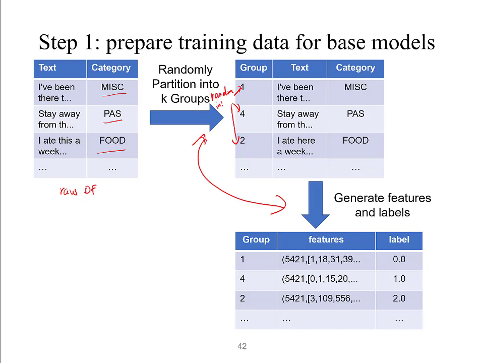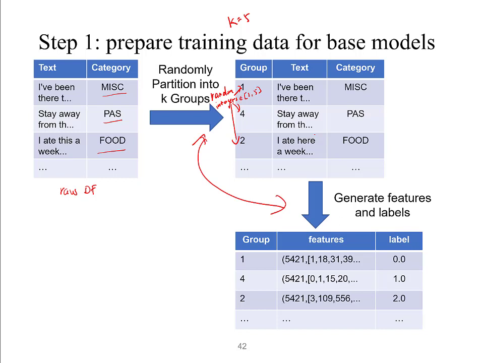They are random integers. And in this project, we let k equal 5. So these random integers are in 1 to 5. Right? So the first stage is to randomly partition them into k groups. For short, we just assign a group ID to each and every row, and the group ID is a randomly generated integer.